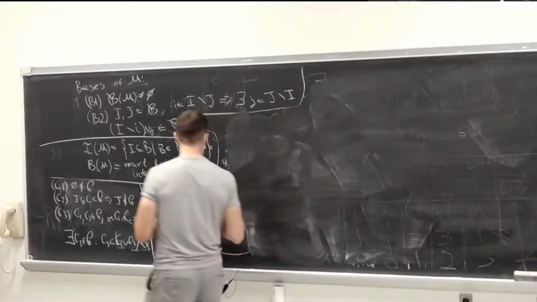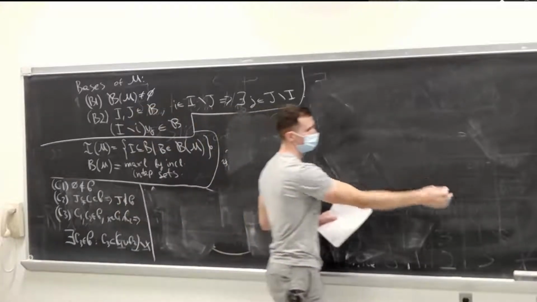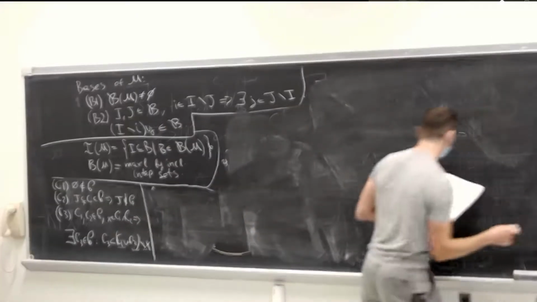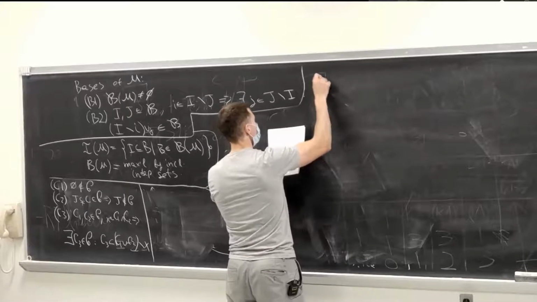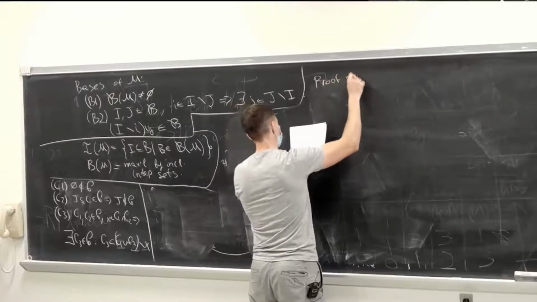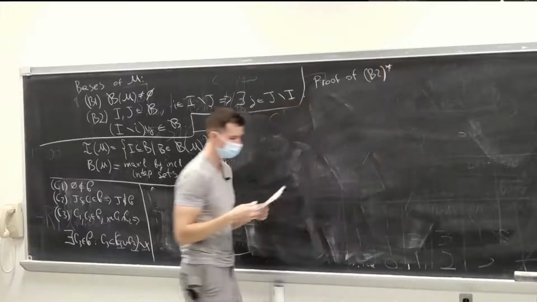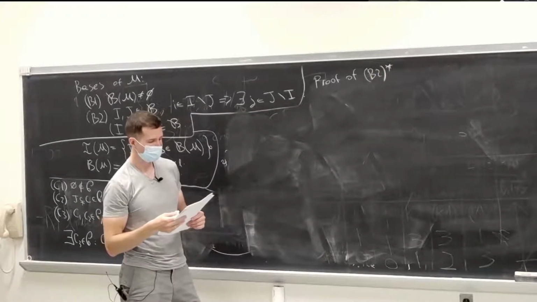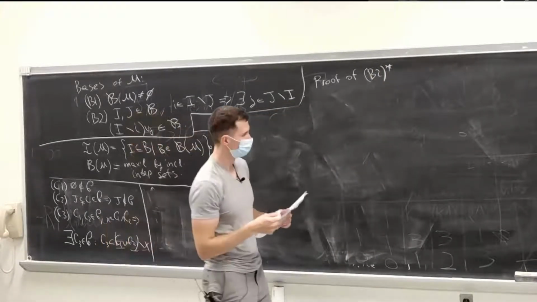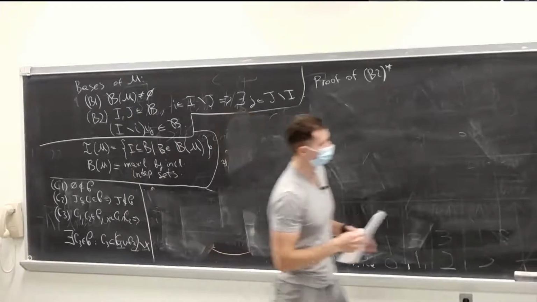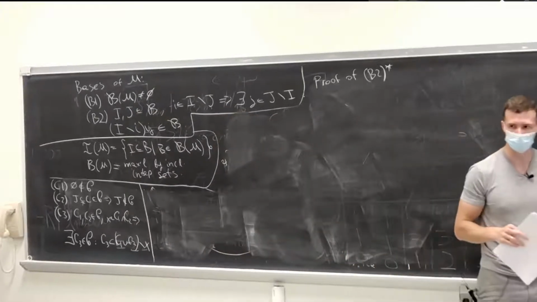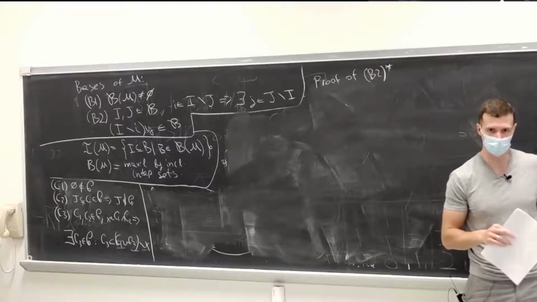Now I want to prove this B2 star. I want to prove that my bases satisfy B2 star. So let's see. I is a basis. I is independent.